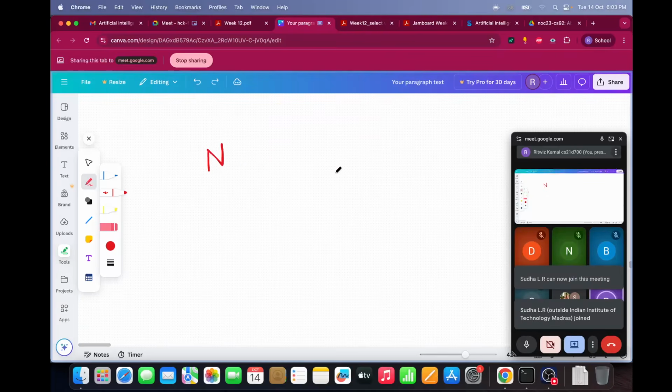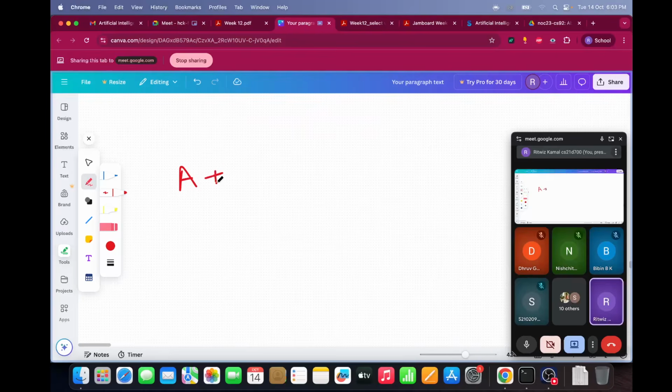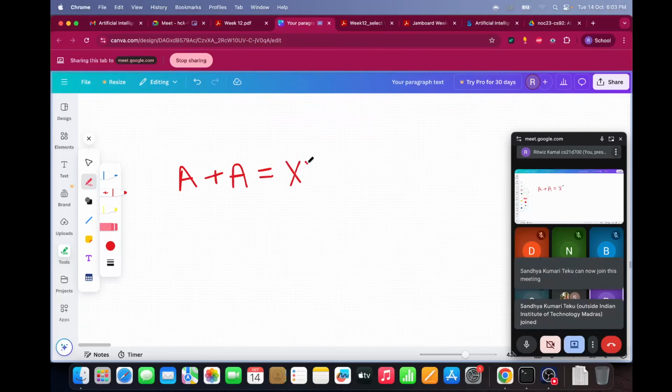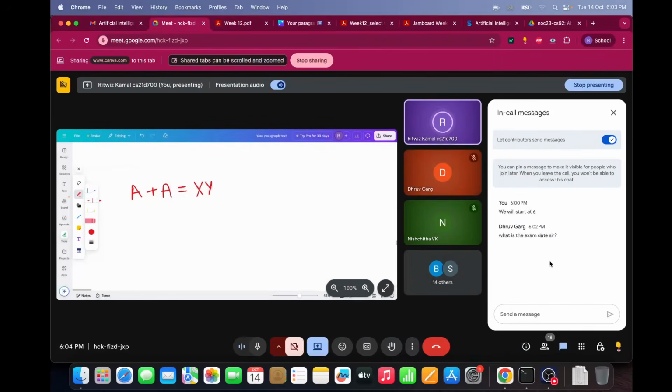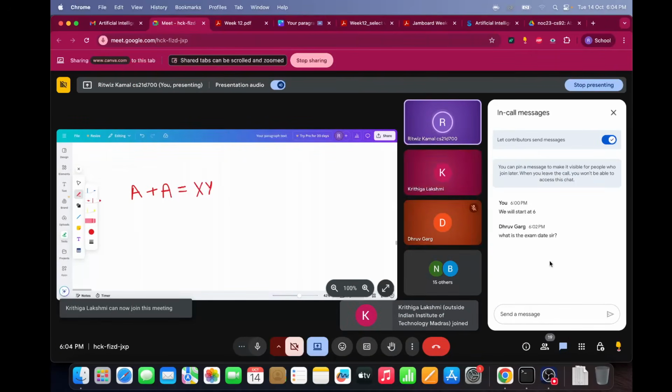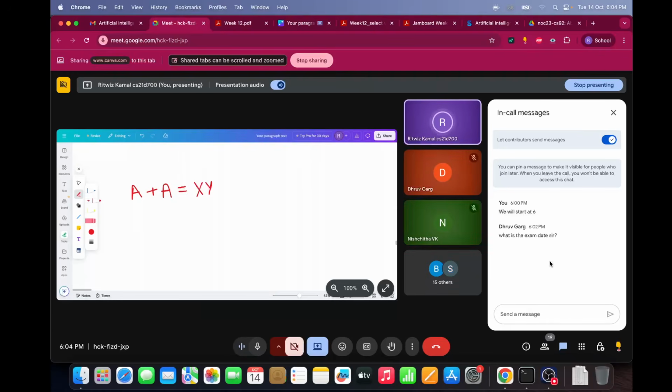If you had to replace a, x and y with some numbers such that this equation holds true, what could be potential replacements or mappings for a, x and y?